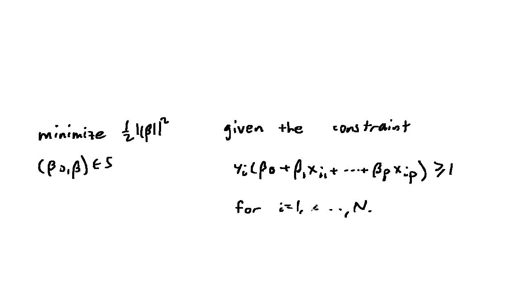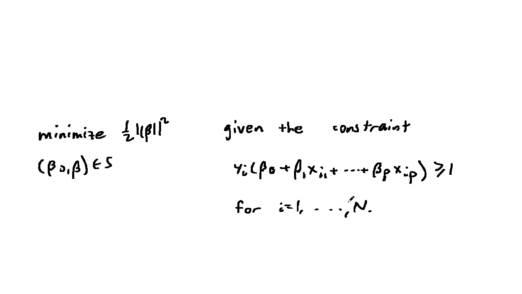We can reformulate the optimization problem to be: minimize 1/2 the norm of beta squared given the constraint where y i times this is greater than or equal to 1 for each of the i's as i ranges from 1 to n.